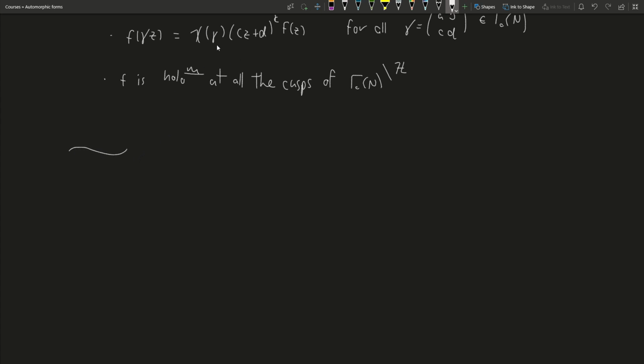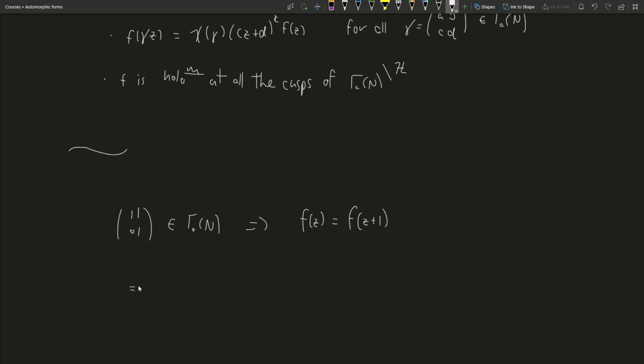So let me explain some things about these holomorphic modular forms. So recall that 1101 is an element in gamma naught n, and what this implies is that f of z is equal to f of z plus 1.